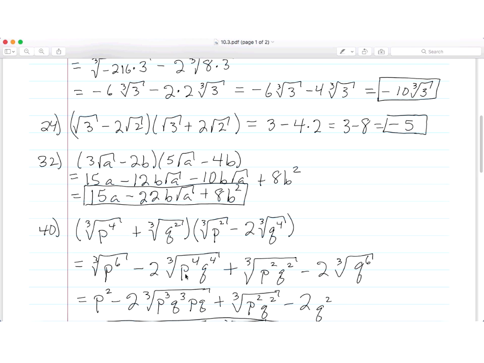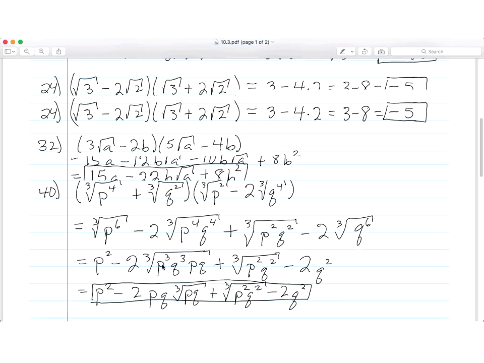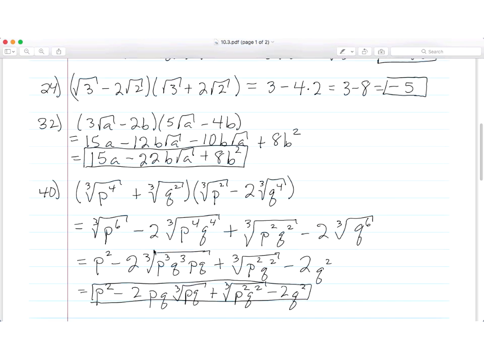I can write p to the 4th as p cubed times p. Q to the 4th is q to the 3rd times q. I can take the cube root of q to the 6th, which is q squared. The cube root of p cubed is p. The cube root of q to the 3rd is q.